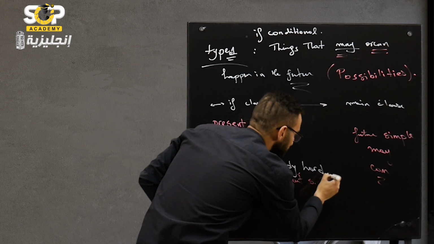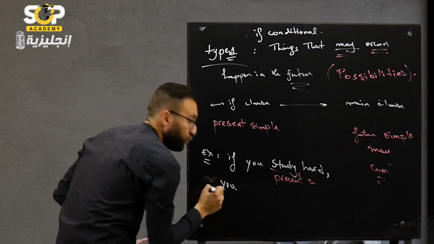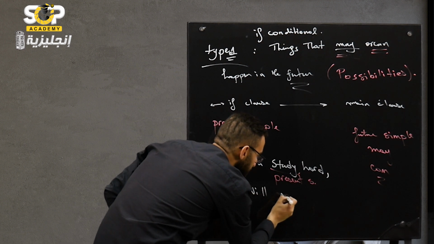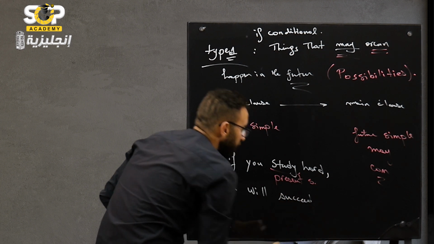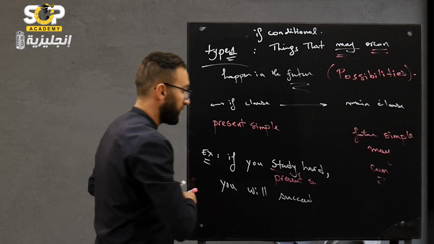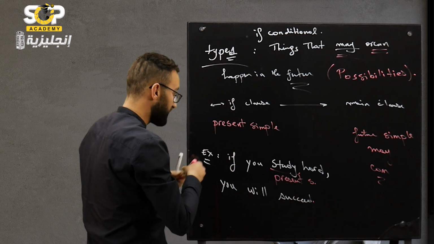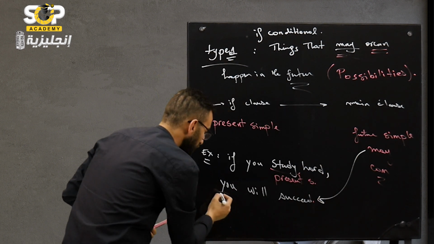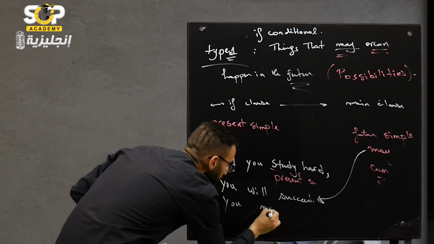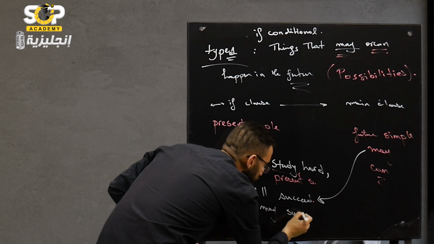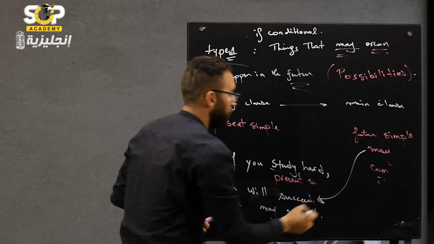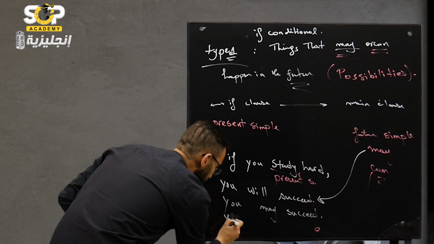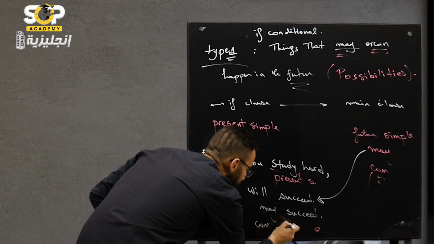If you study hard, you will, future simple, succeed. That's the first use. Let's try may now: you may succeed. That's the second one. The third one: you can succeed.